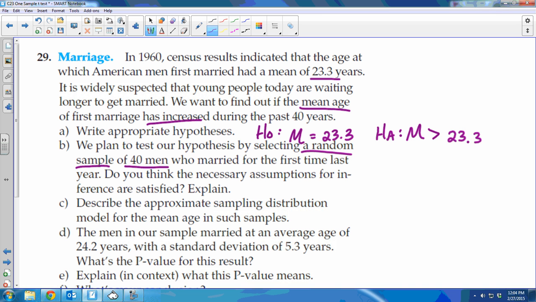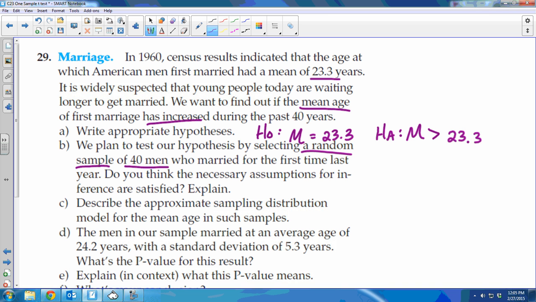Is 40 less than 10% of all men who got married for the first time last year? Yes, definitely. So then we get the sample size. We do not have any raw data. I do not have a picture. So I can't say if it's nearly normal, unimodal and symmetric, right? I really can't say that. So the best thing I can do is fall back on sample size.